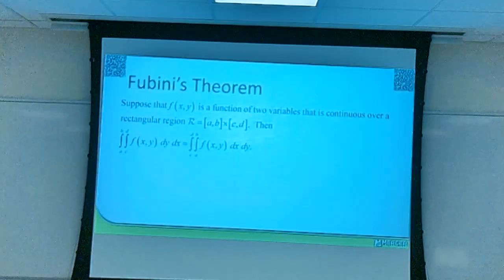Fubini! It's a cool name, Fubini. So Fubini's theorem for a rectangular region says the order doesn't matter. The order you integrate does not matter. Only for rectangles? We extend it beyond that.